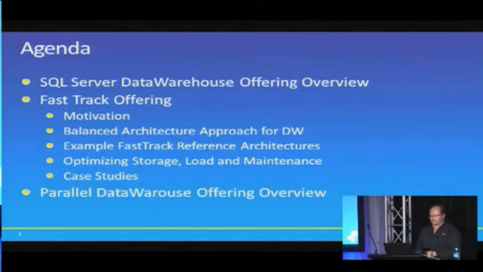We'll talk a lot around the FastTrack offering because that's the main topic of the conversation, around what motivated us to create this architecture, especially the balanced architecture. We'll talk through examples, and a couple of case studies that we have done with some major data warehouse systems. And at the end, we'll talk about the parallel data warehouse offering. We'll do a small overview that gives you the next steps of where Microsoft's data warehouse offerings can take us.